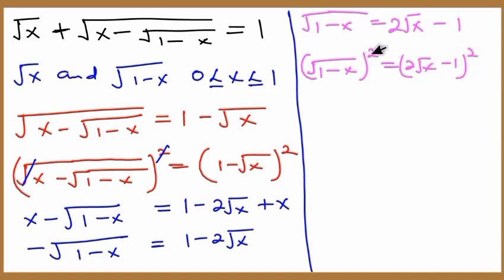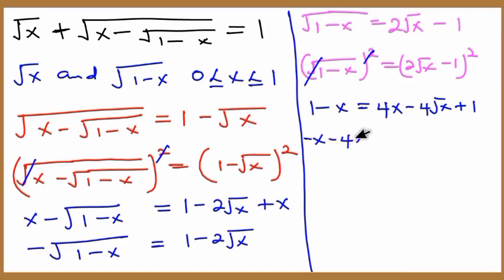Now these two cancel the roots, so I will have 1 minus x equals, expanding the right hand side, I will have 4x minus 4 root of x plus 1. So now I'll try to group like terms. This one moves here, and so I'll have negative x. This one too is 4x, so it moves here.